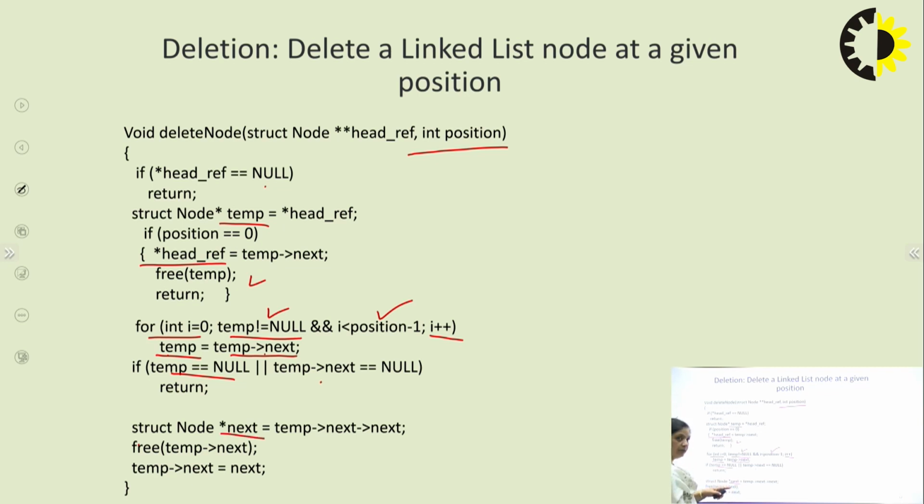We have received temp, so we'll take temp next. We have stopped where temp next is not null, so we will consider the next of temp next, free this temp next, and temp next will be that next. So in this way we will delete the required node. This is our deletion from a linked list at a given position.